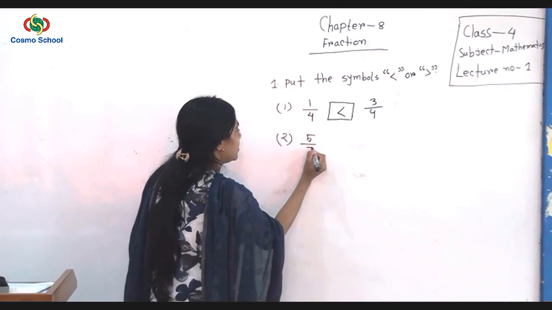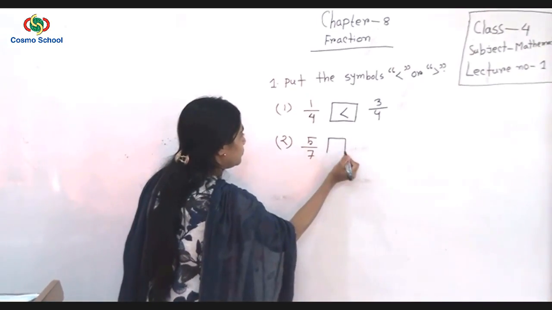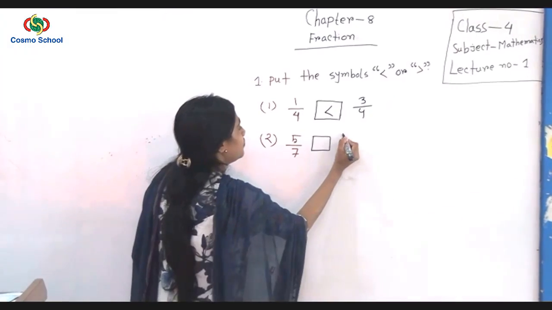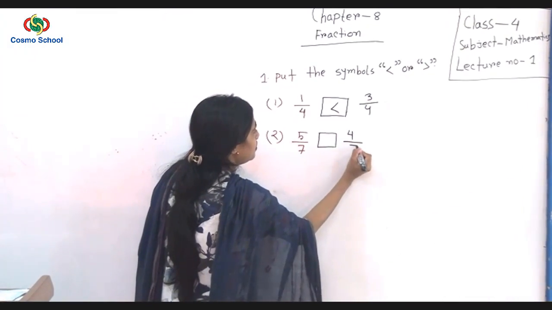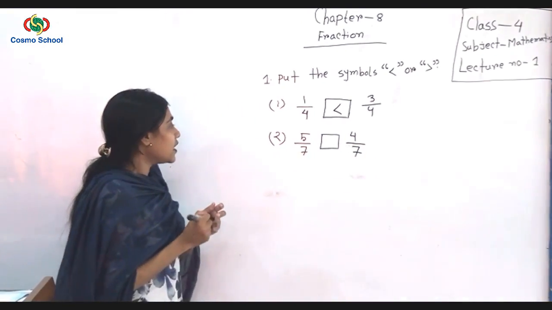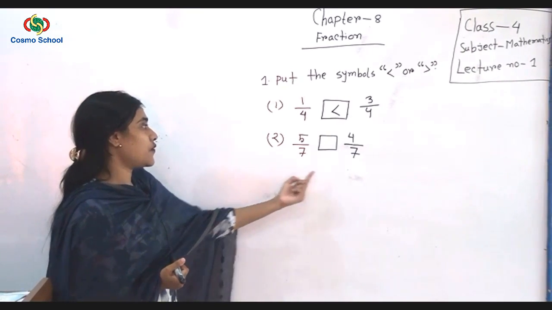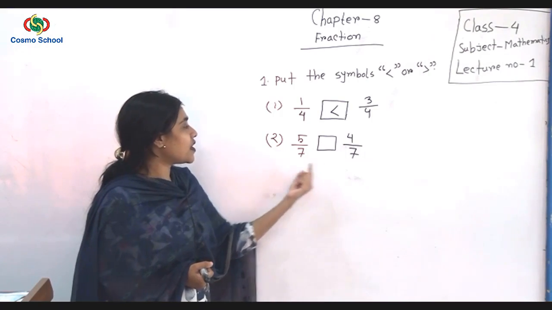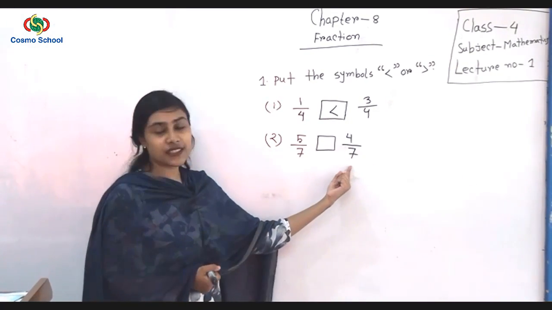5 divided by 7, 4 divided by 7. Here is also two fraction number. First is 5 divided by 7 and second is 4 divided by 7.